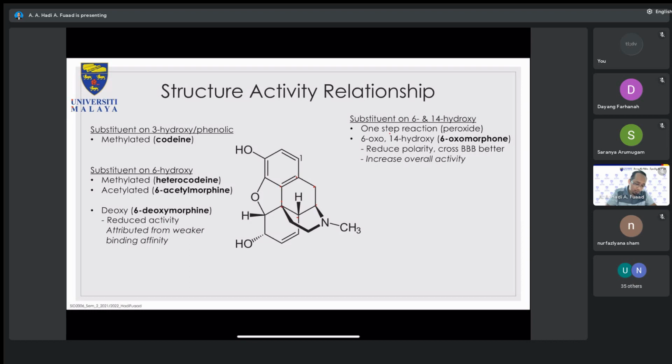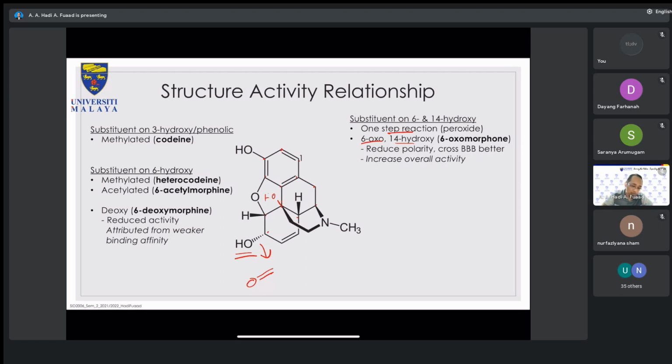Someone discovered that in a one-step reaction using peroxide, you can get a hydroxyl on number 6. Six here is 1, 2, 3, 4, 5, and 6. You can get 6-oxo. So instead of a hydroxyl, it now becomes a ketone. And then on the 14th position over here, you get a hydroxyl. So this one-step reaction creates 2 functional groups.